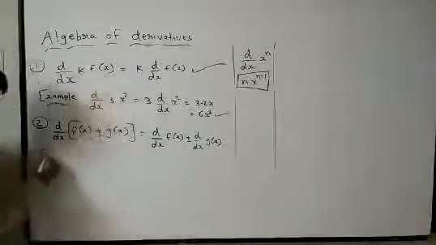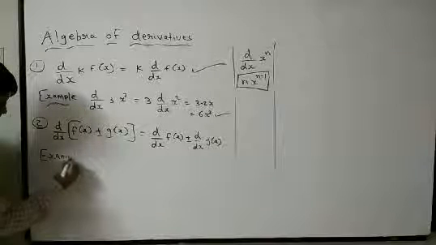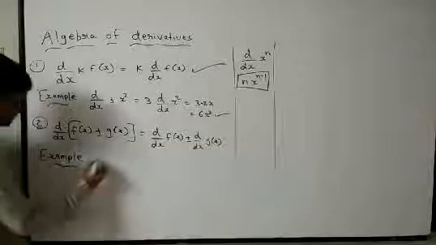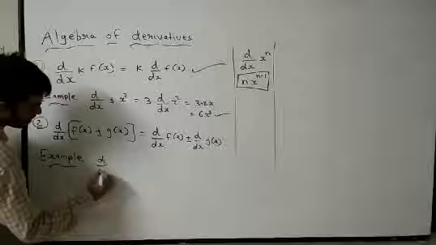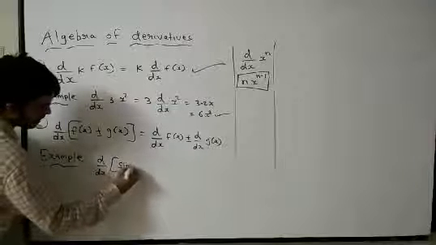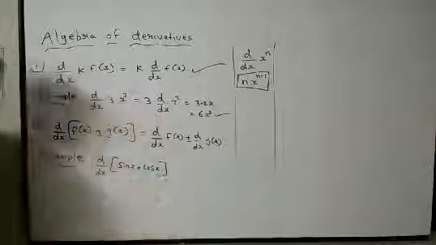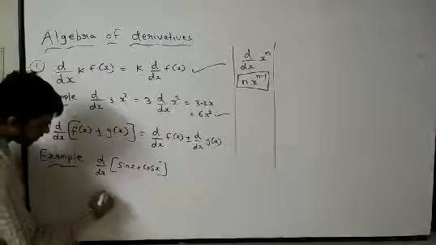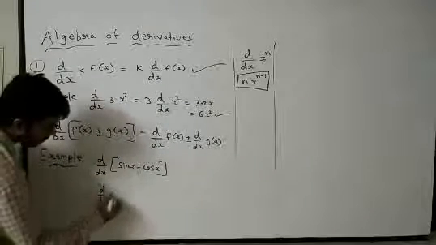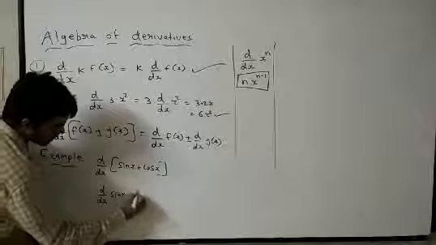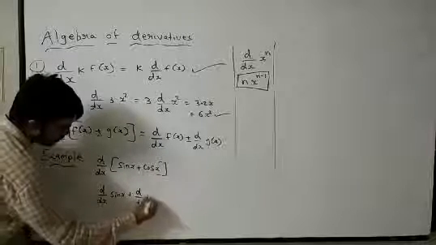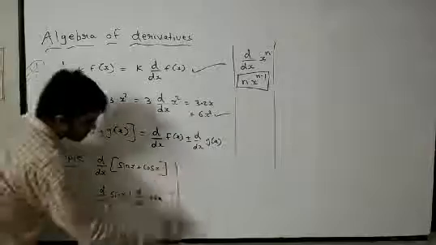For example, if I say that d by dx of sin x plus cos x, then I can apply here the formula d by dx of sin x plus d by dx of cos x.